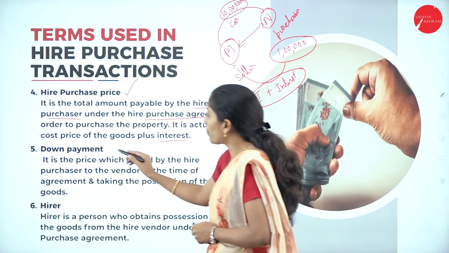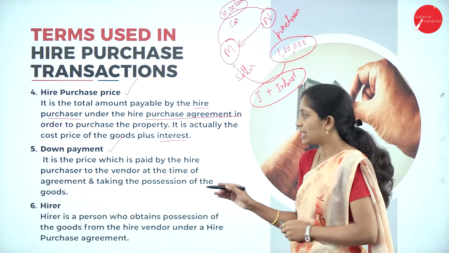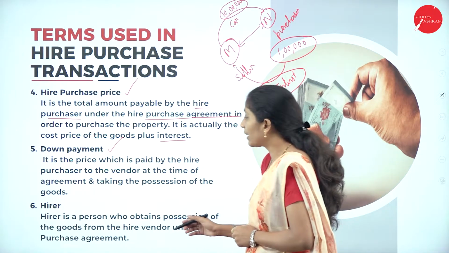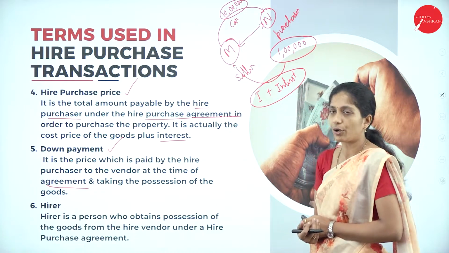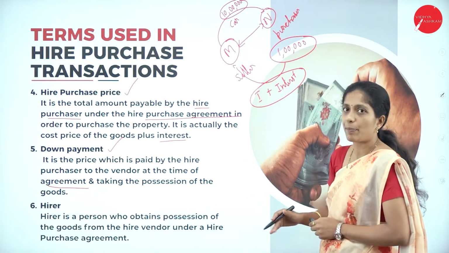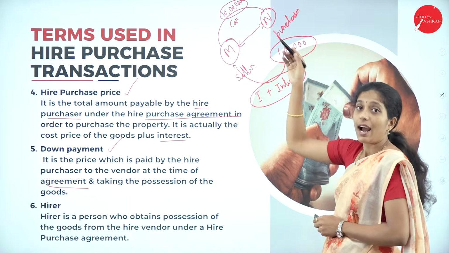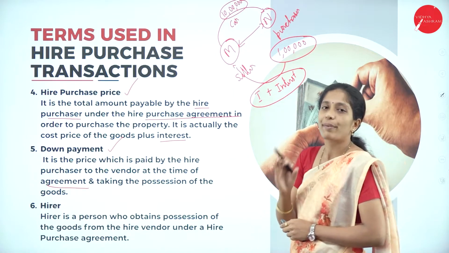Next, what is down payment? It is a price which is paid by the hire purchaser to the vendor, that is the hire seller, at the time of agreement and taking the possession of the goods. Now if you take the same example, M has transferred a car to N and the value of the car is 10 lakh, but N doesn't pay 10 lakh.